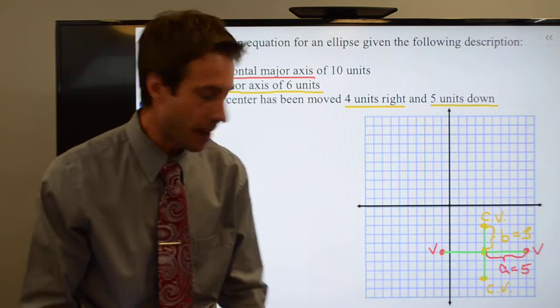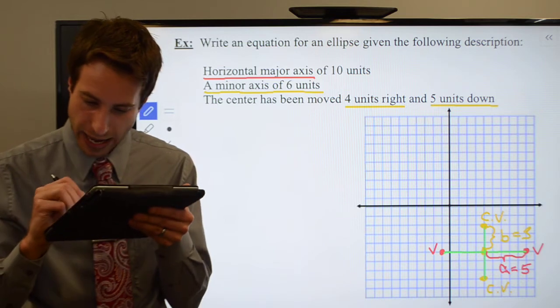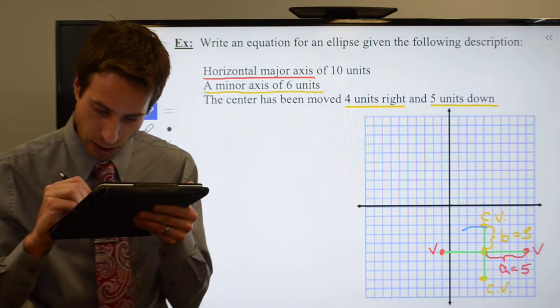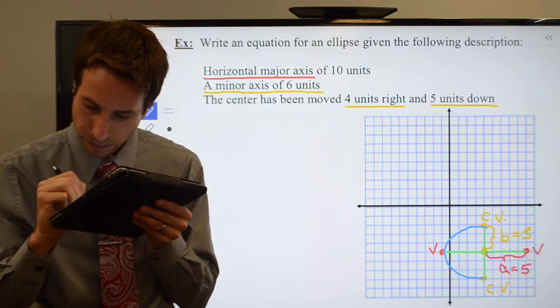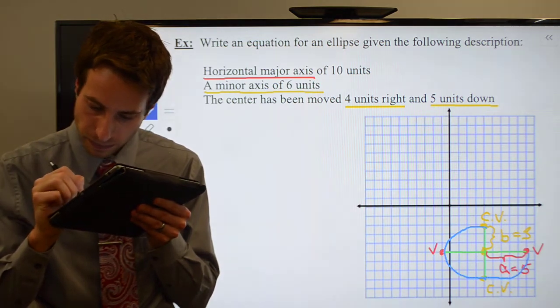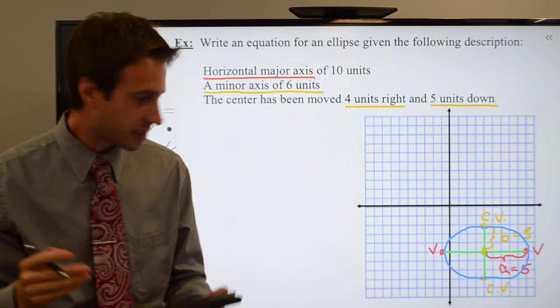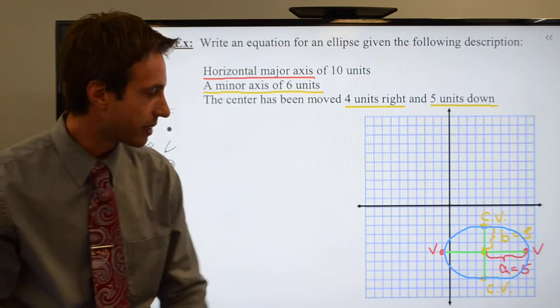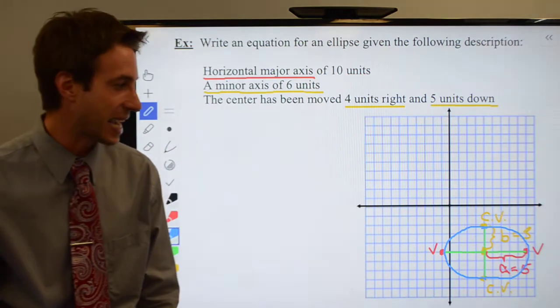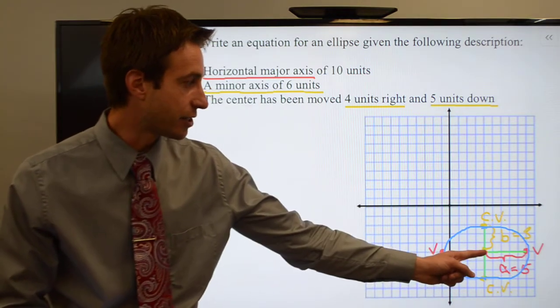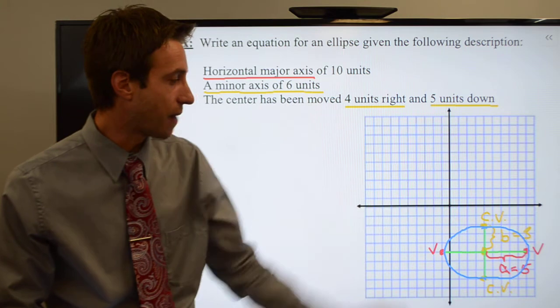So there we go. If you wanted to, you certainly could go ahead and draw an ellipse in there. It's not terrible, but that's decent. Anyway, we know A and we know B, which means this problem couldn't be any easier. I am centered at 4, 5.